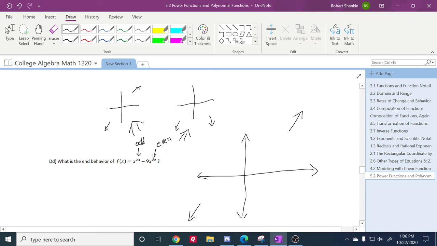Now, which one is going to have the bigger influence? Well, we're interested in end behavior. What happens way, way, way to the right when x is huge. So when x is a million, remember, this, x to the 23rd, is a million times bigger than this. Even though you're multiplying by -9, that coefficient looks bigger than this coefficient, that coefficient gets way outweighed, because we're going really far to the right, and x is going to be huge.